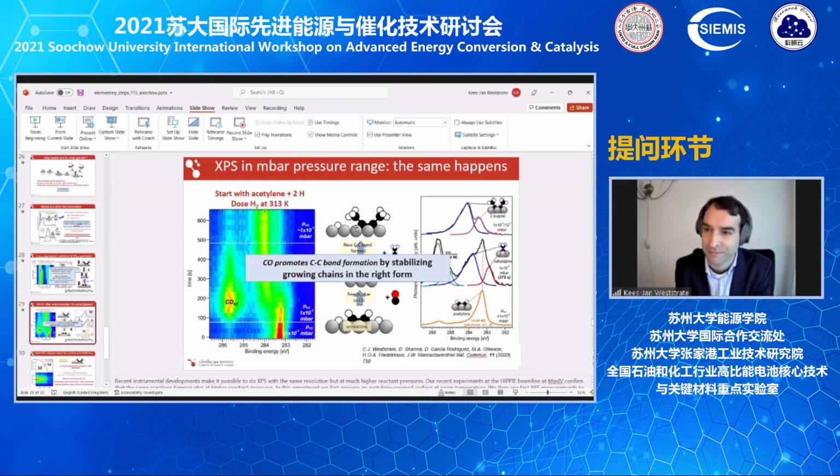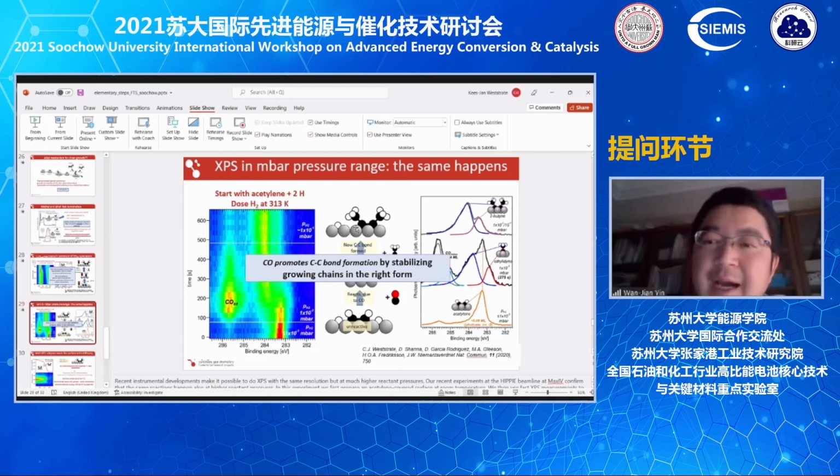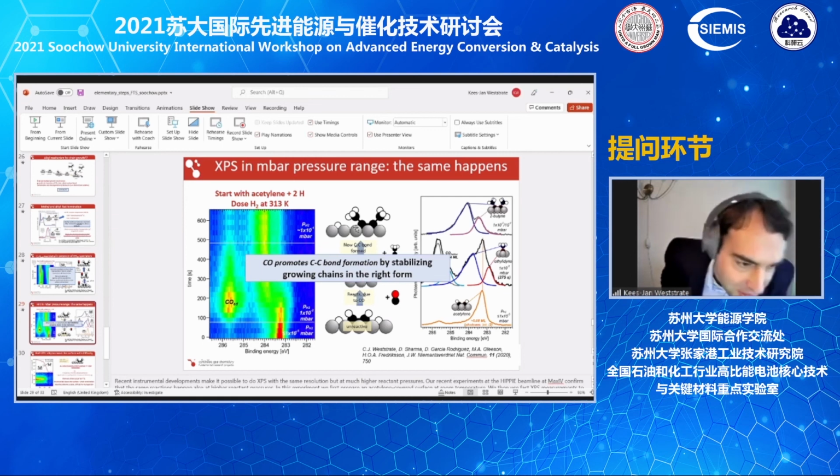Okay, I think the next question is quite related to this one. Is there any case to use surface science to guide the design of a real catalyst? I think you have talked a little bit in the previous questions. Yes, that's another interesting question.